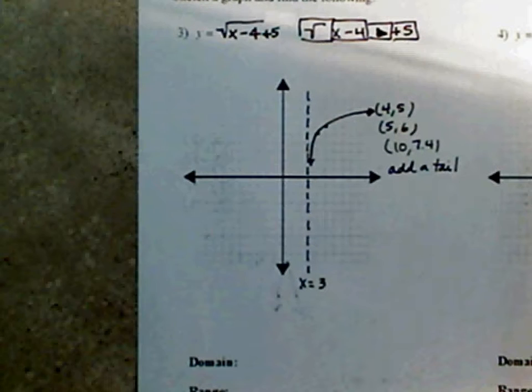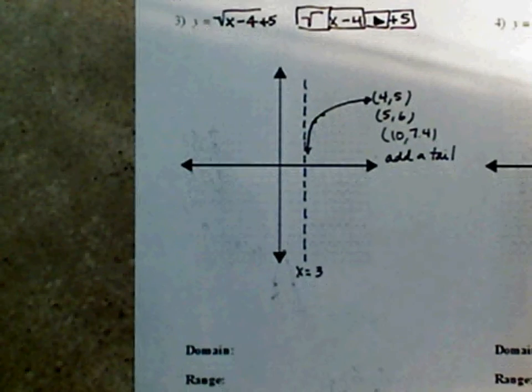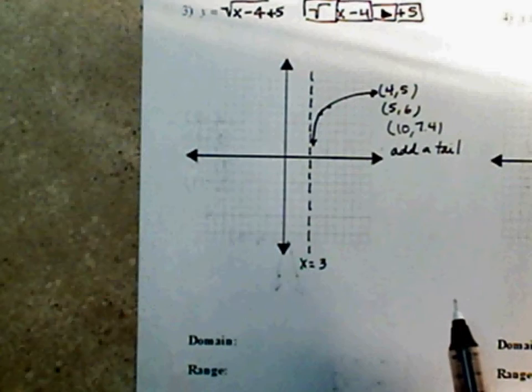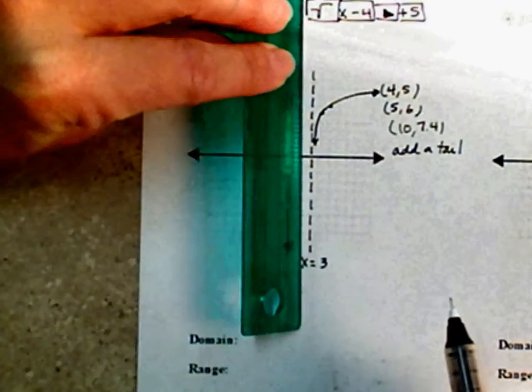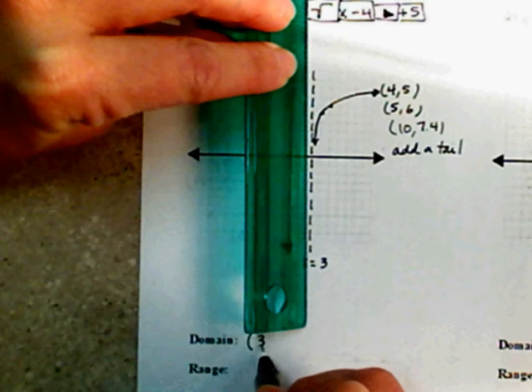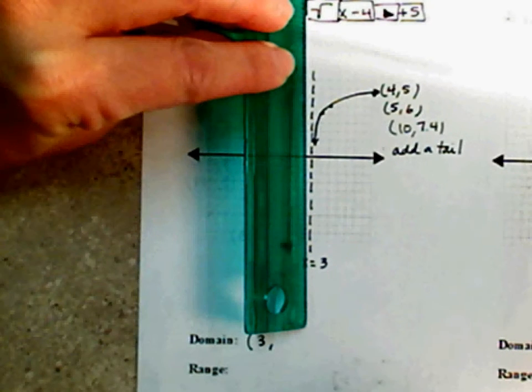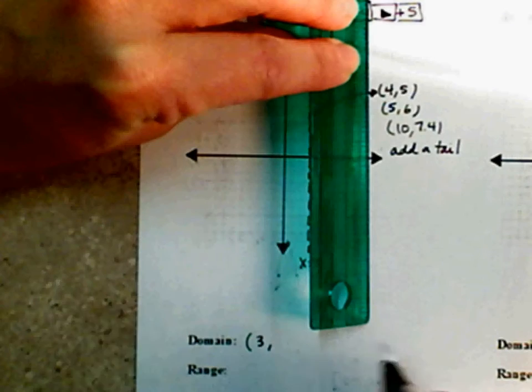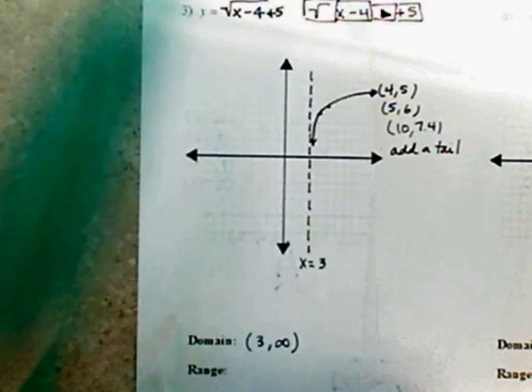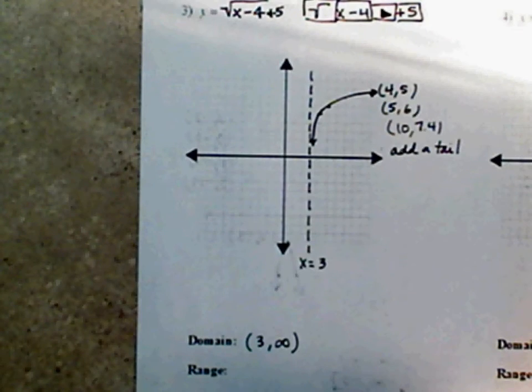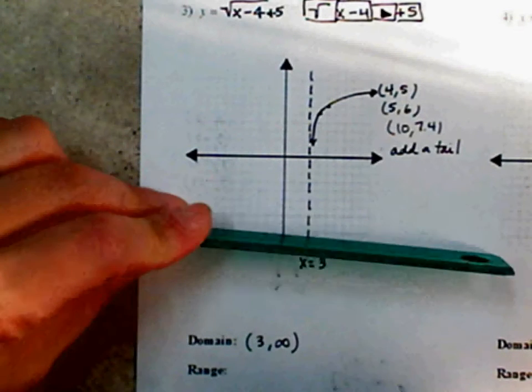All right. Now that you got that, let's go ahead and talk about our domain. Where is your domain? Where are you starting? At 3. Not including 3. How far to the right is it going? To infinity. You see it right there? Your range. How low did it start?